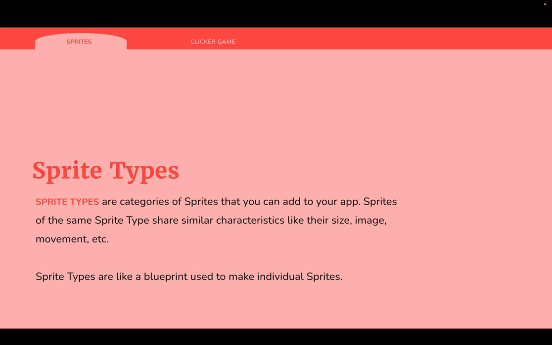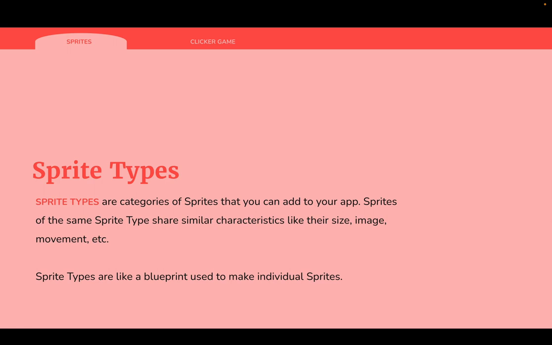So things like their size, the image that they use, their animation, the movement, what happens when a certain kind of sprite interacts with them, are all going to be similar among sprites that are of the same type. In this way, sprite types are sort of like a blueprint that you can create and then use to make individual sprites.